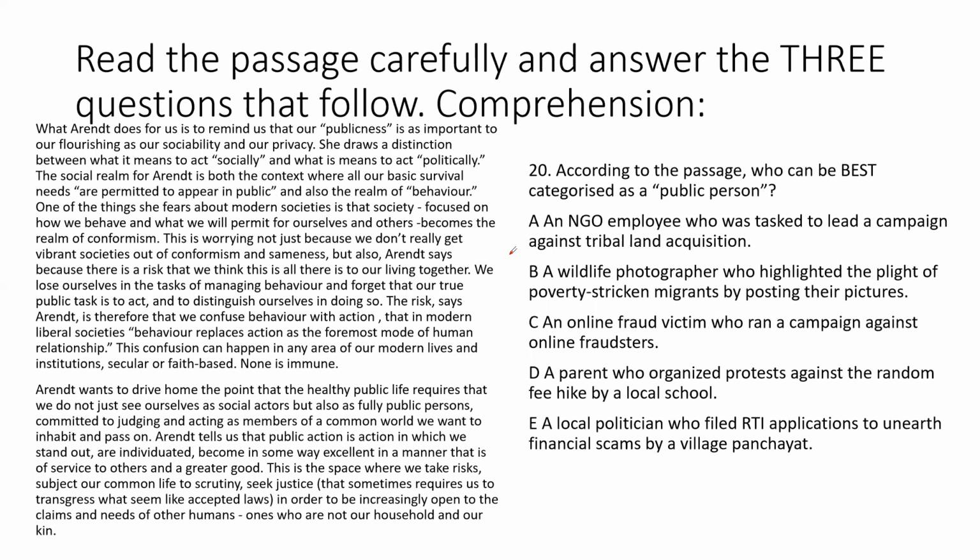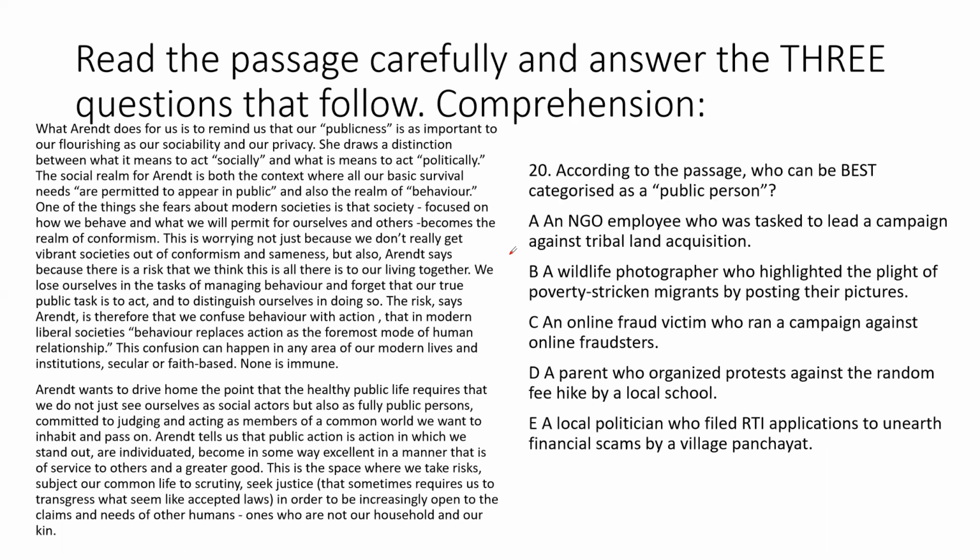As we know, XAT is all about passages, so a lot of passages we will find on the test. Let's read the passage first, and then we'll move ahead. What Arendt does for us is to remind us that publicness is as important to our flourishing as our sociability and our privacy.